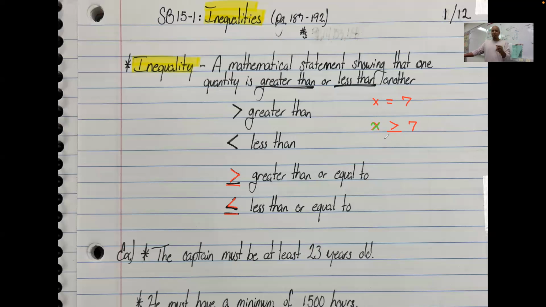So it could be 7, 8, 9, or 10. There is really an infinite number of numbers that fit that description, but nothing that is less than 7, not 6.9 or 6.